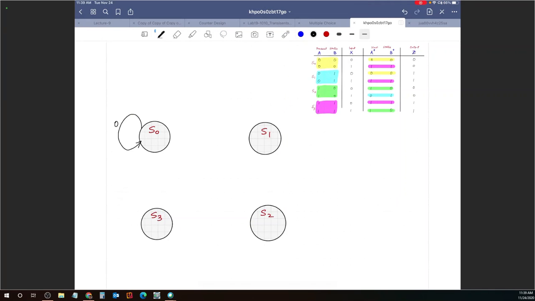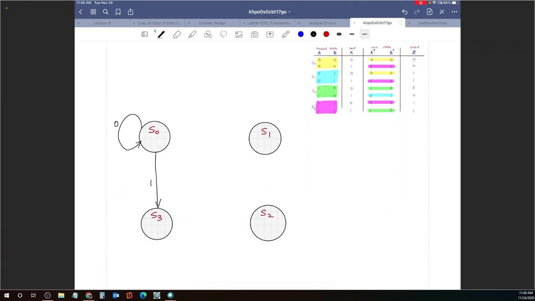So if you are in state 0 and you get a 0, you stay there, right? You see how I'm writing this? 0 0, I get a 0, I stay there, 0 0. If you are in state 0 and you get a 1, you go to 1 1, which is state 3. All right, I'm done with both the situations for state 0.